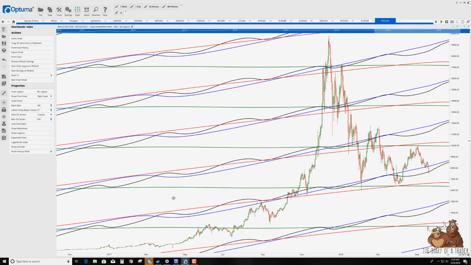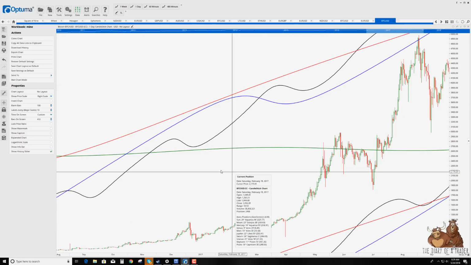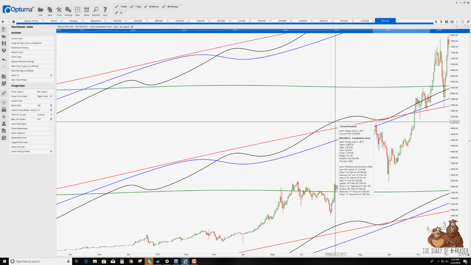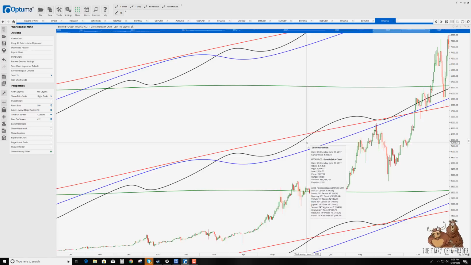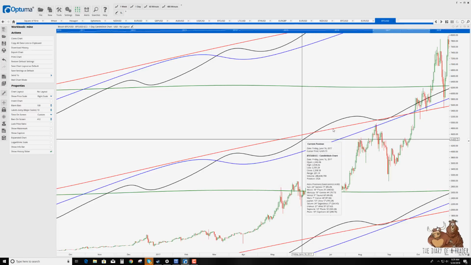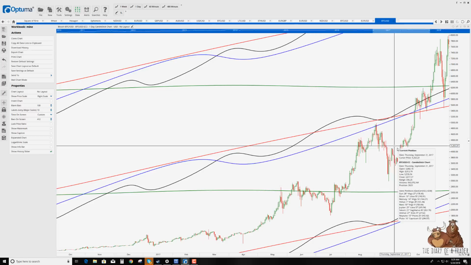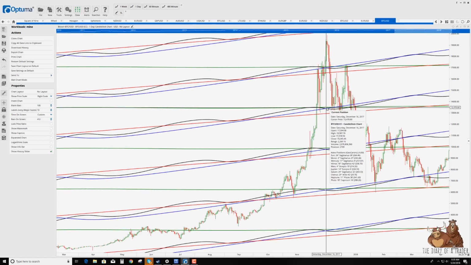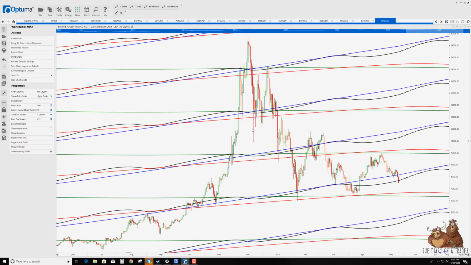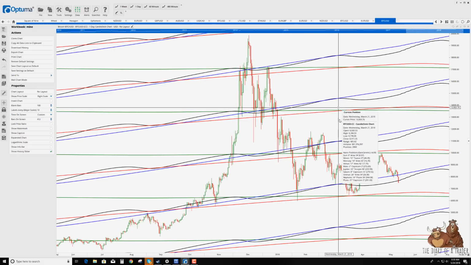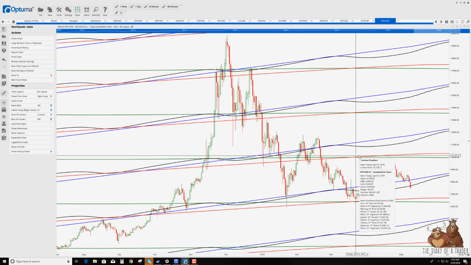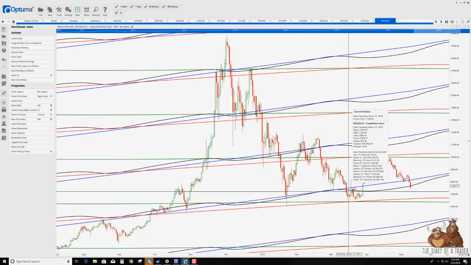What we want to look for as this happens is that there are times when some planets are going to cross each other. When we notice that happen, and we can see it happen in the future, we should be aware of what price is doing at that time, because often prices have some type of response to planets that cross each other on their cycles.